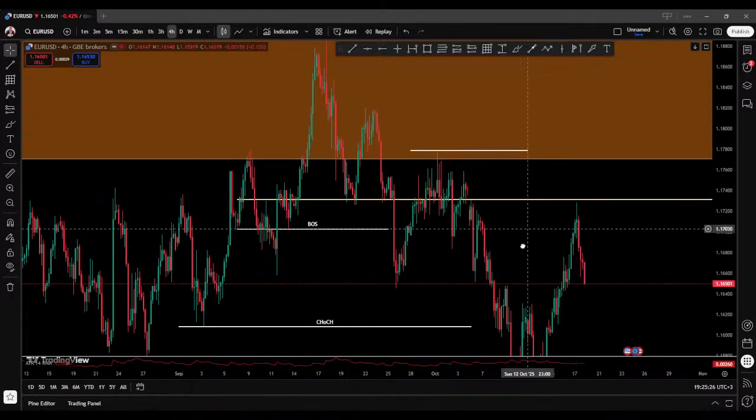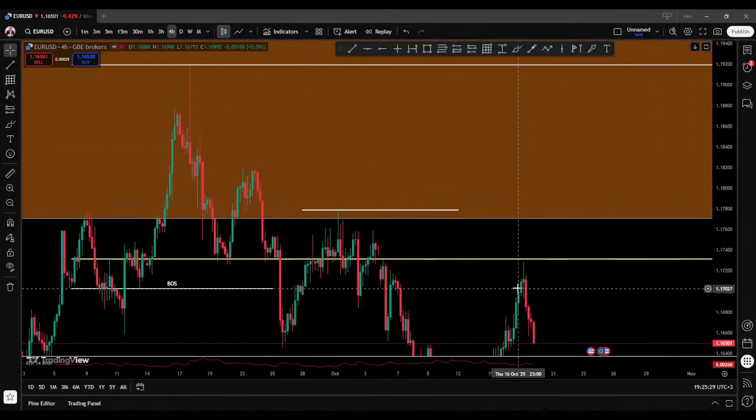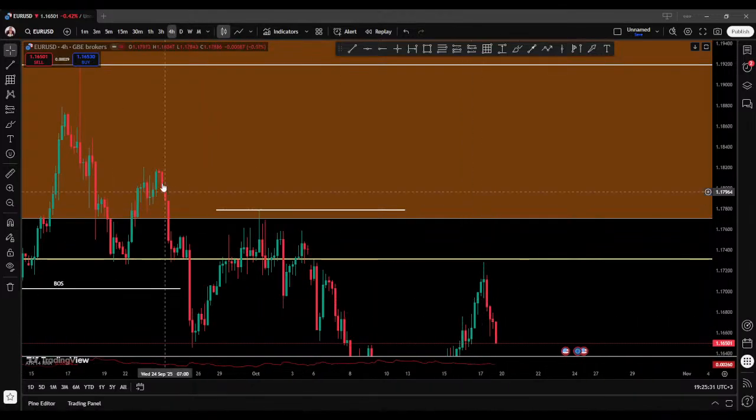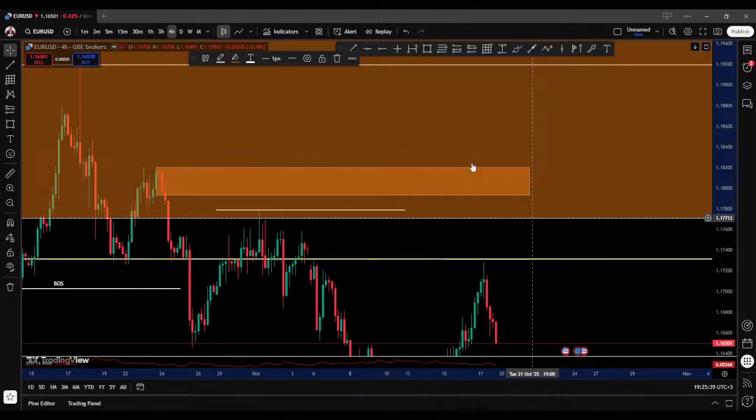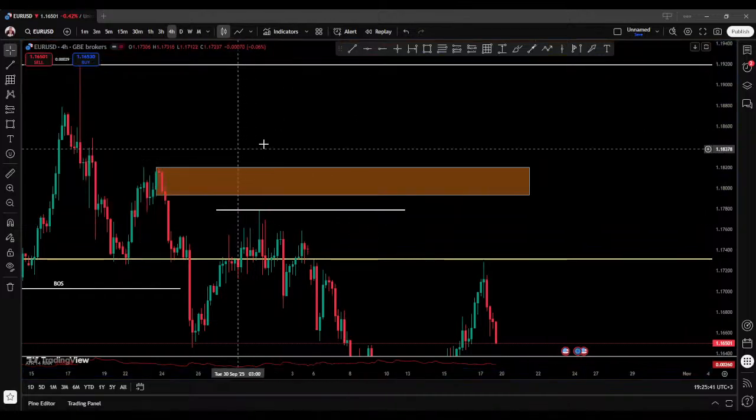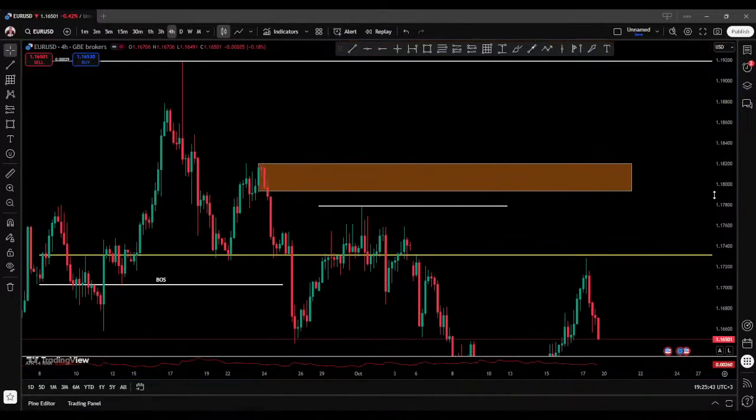When you go to the 4 hours, it becomes easier because we have an order block here. That means I don't have any issue with this now, and then we remain with this.